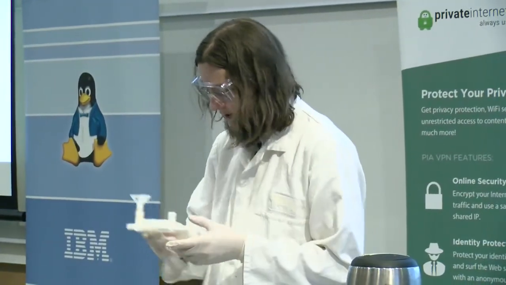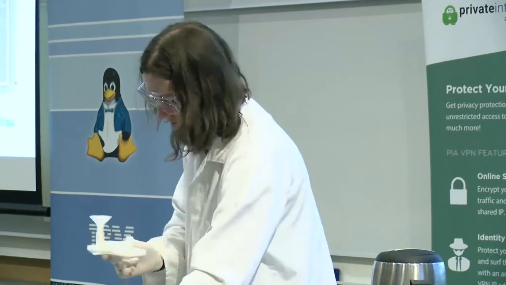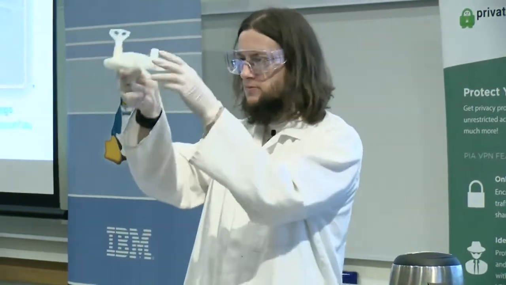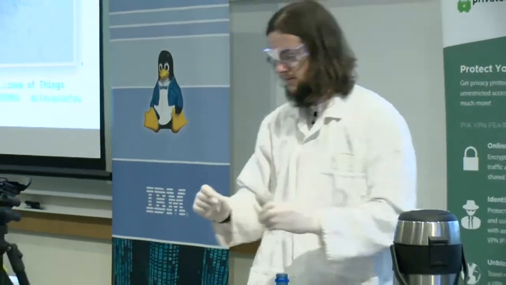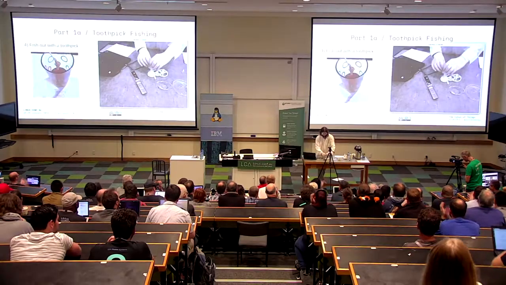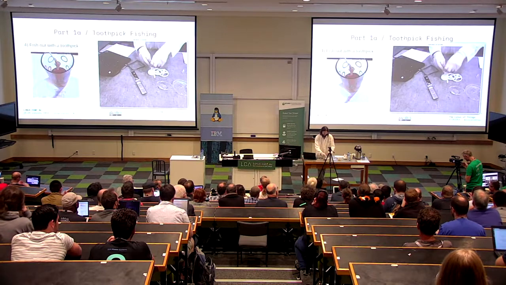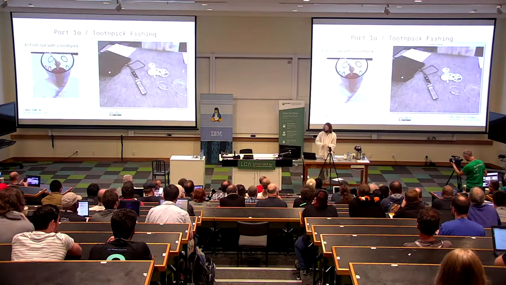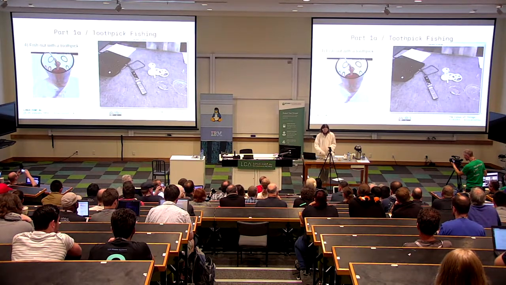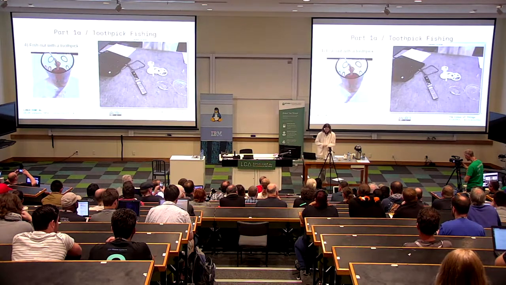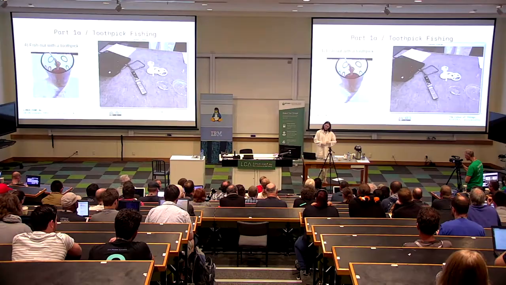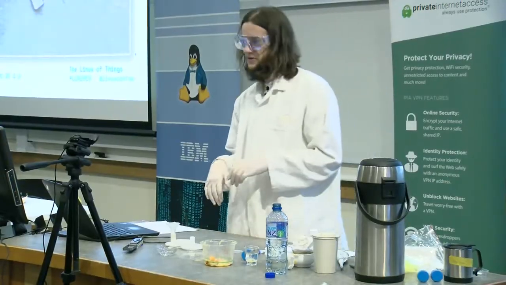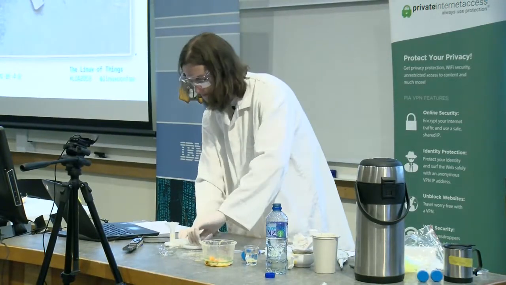So, a week or so ago, I printed my own centrifuge. It was designed in OpenSCAD, just in case you're interested. And there will be a link to the Thingiverse model for it on the Zenodo page.